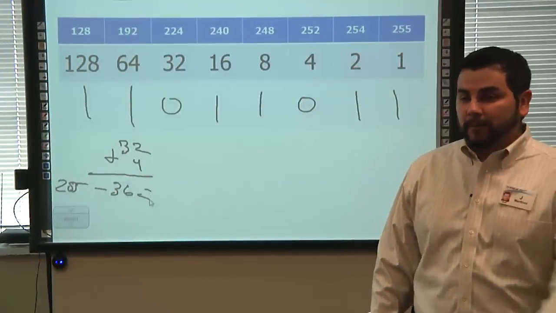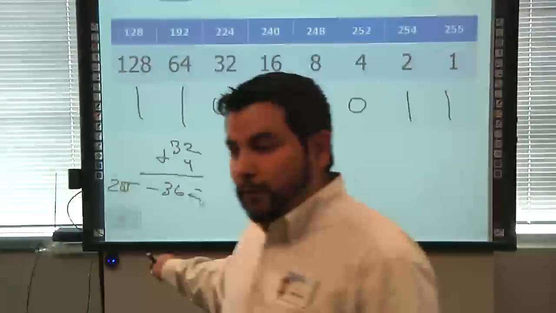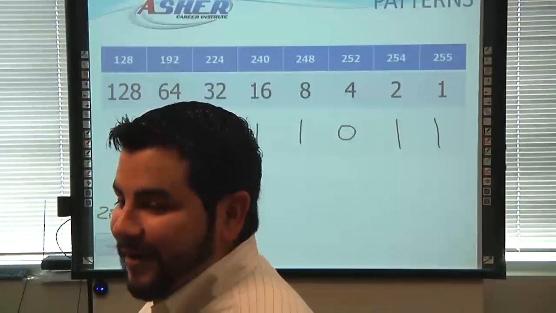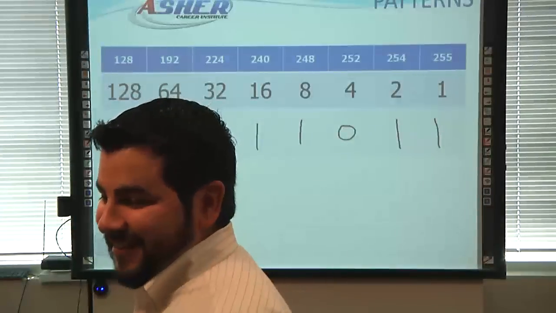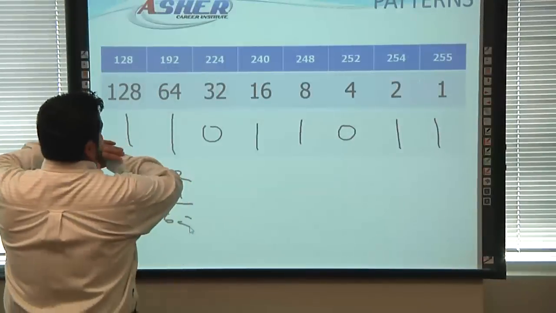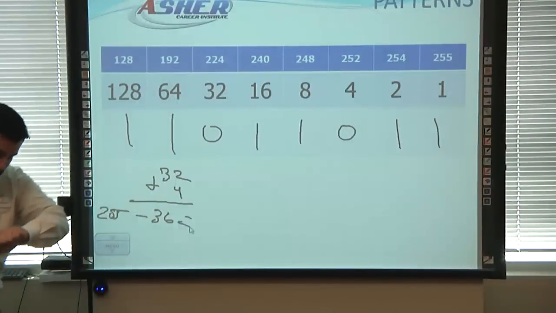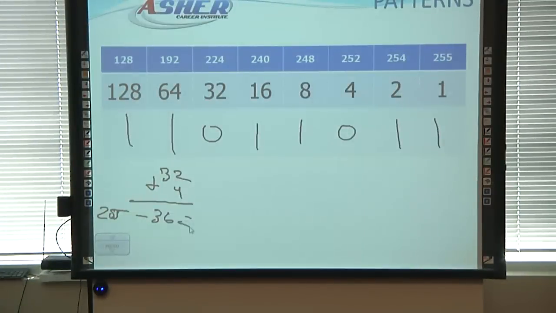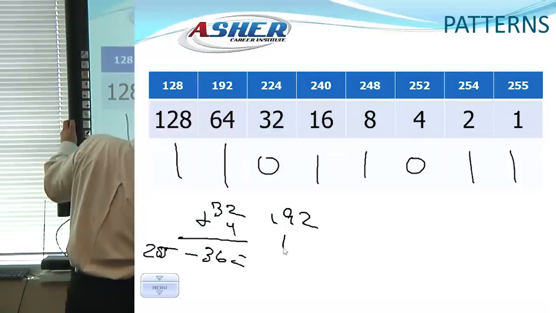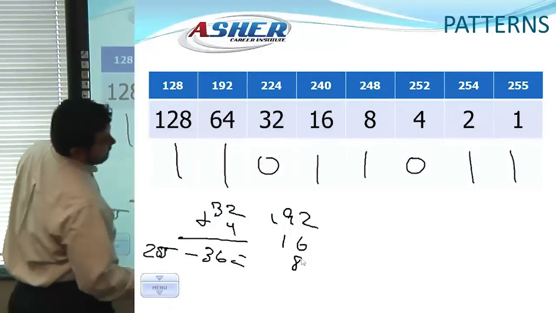What method would you use to find the answer? Well, like he said, it makes sense. If you have only one 0, that would be the easiest way. But forget about what he said here. If you saw this number right there and I told you solve it, go. What would you do? You would add 192 plus 16 plus 8 plus 2 and 1.